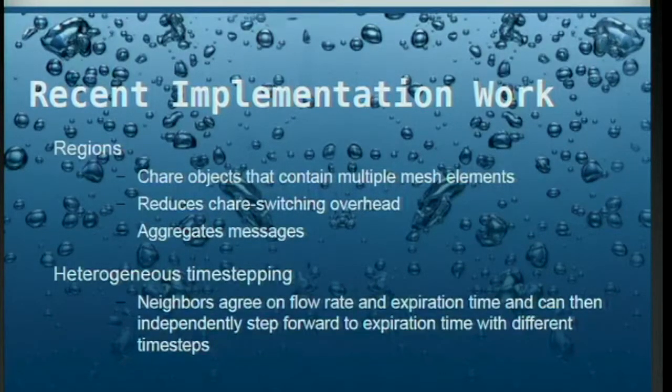And so as you loop over all of your mesh elements, you can accumulate these messages in vectors, and then when you're done, when you're about to exit your entry method and release control back to the charm system, you just go to your vectors and send one charm message with all of the messages destined for that one region.